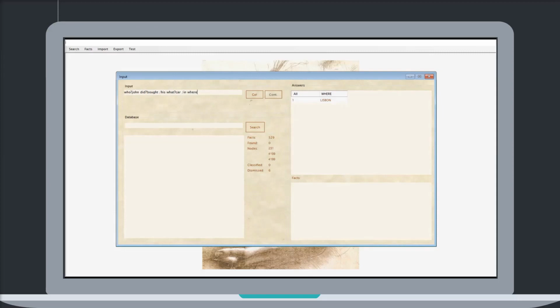Now the last piece of information, which is an explicit indication of when John bought his car. Making sure everything is there.